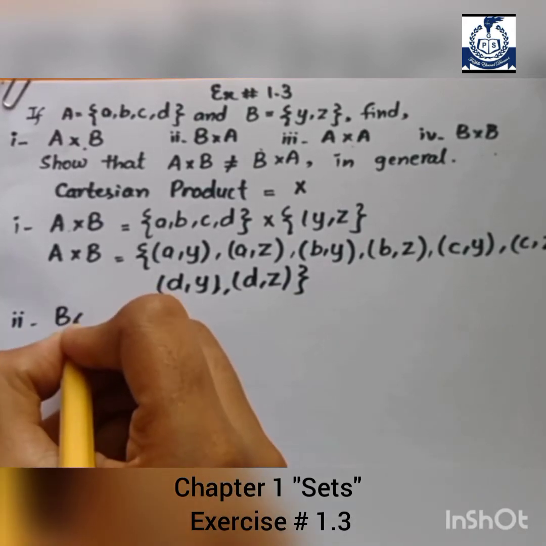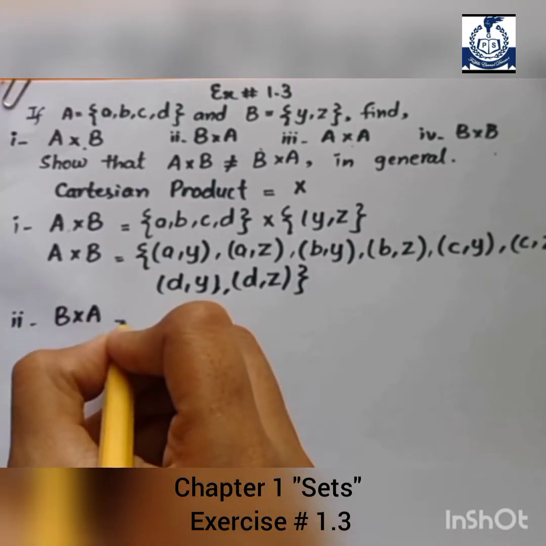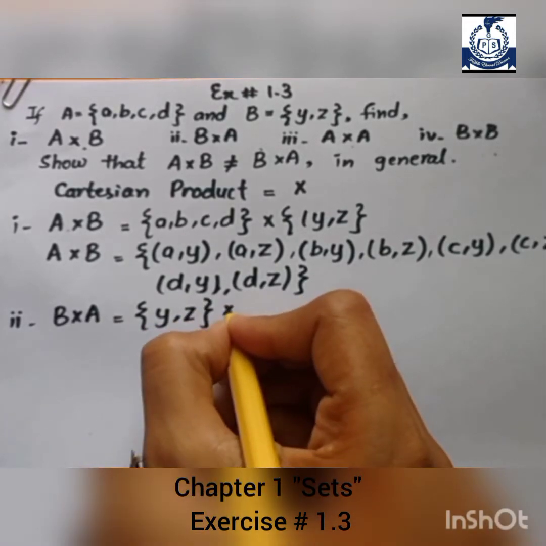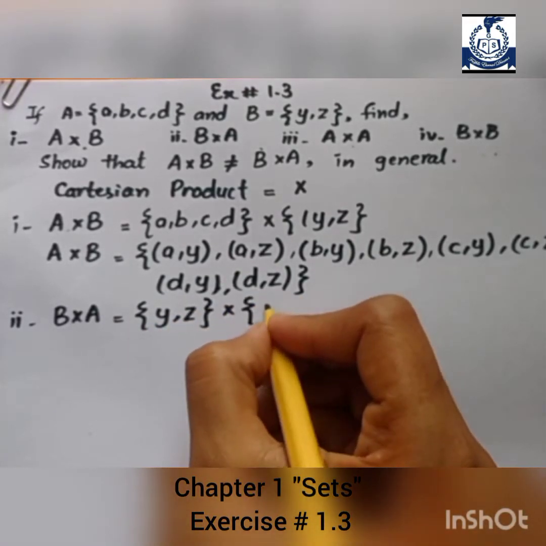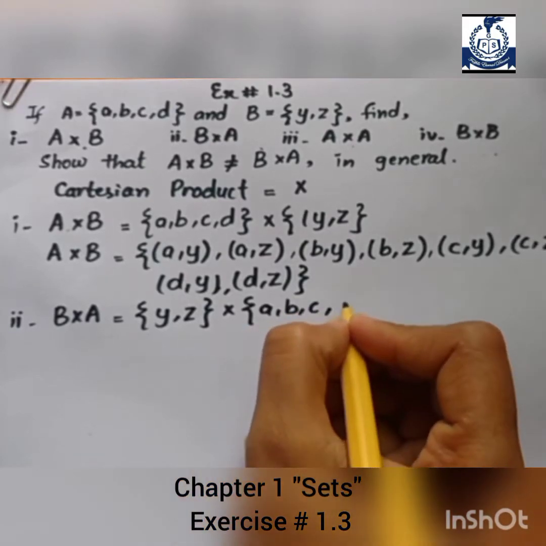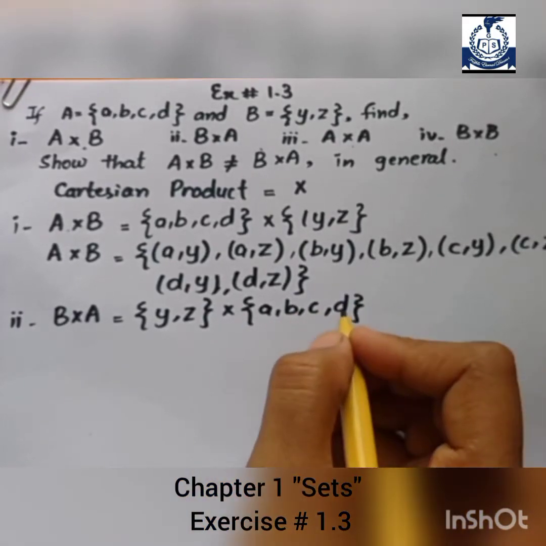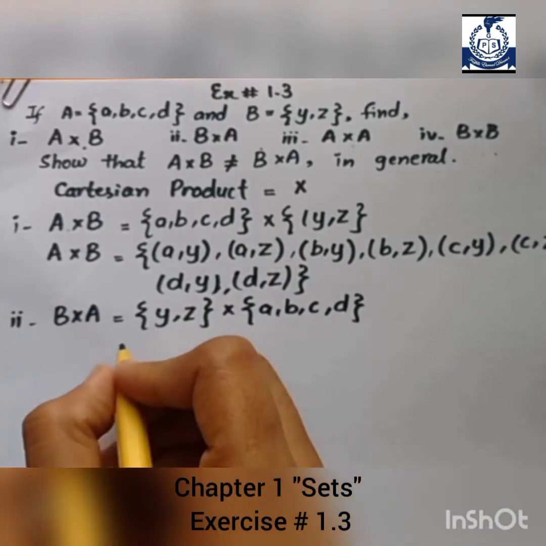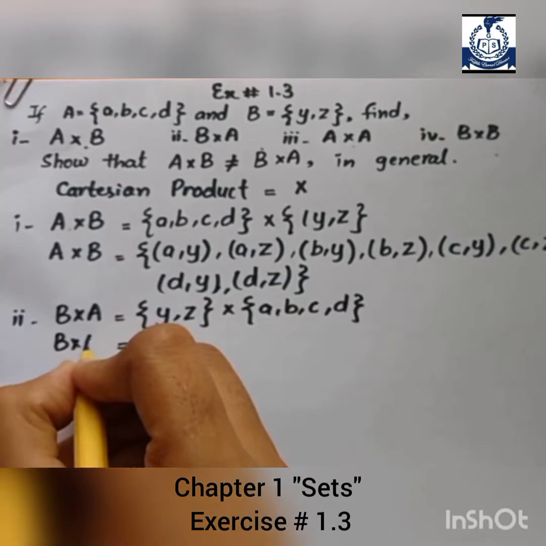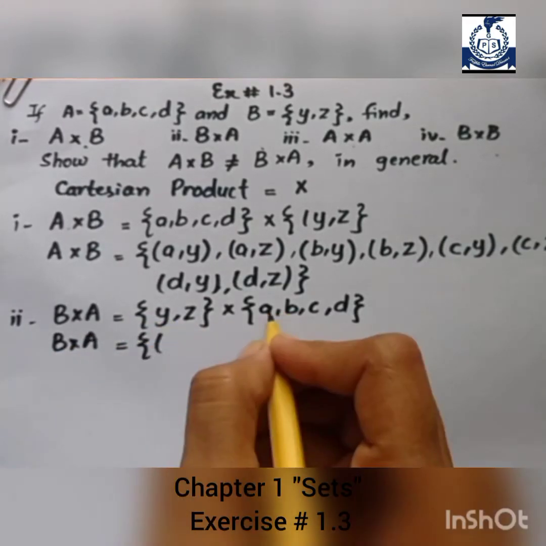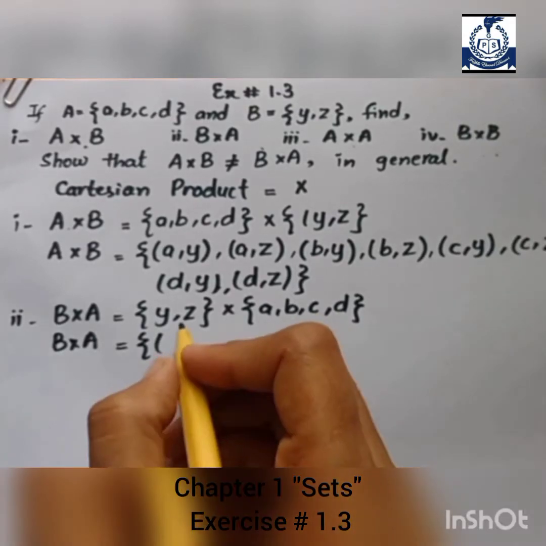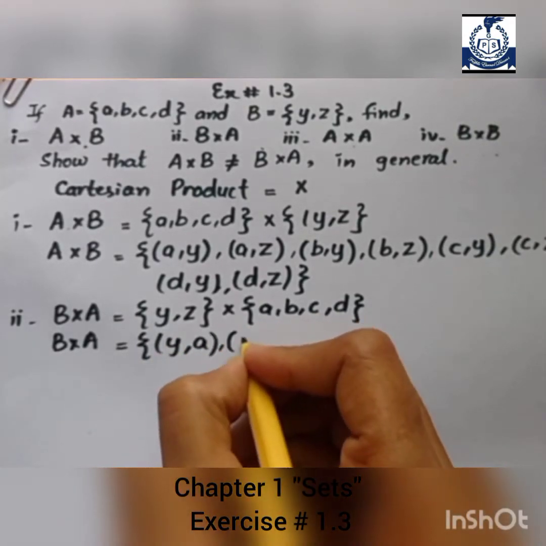Part number 2, B multiplied by A. In place of B we write the elements of B, which are y comma z, Cartesian product sign, and in place of A we write a, b, c, d, which are the elements of set A. So 2 and 4, 2 4s are 8, so again we make the 8 set. First we solve y with a, b, c, d, and then we solve z with a, b, c, d.